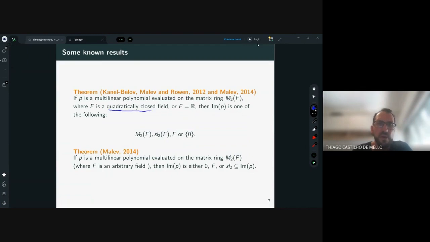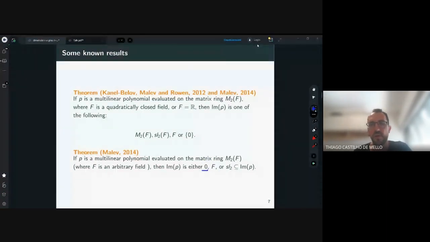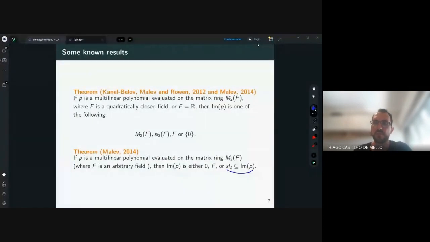It must be quadratically closed or the field of real numbers. For arbitrary fields, what they obtained is that the image is either 0 or F, I mean, it's a polynomial identity or a central polynomial, or otherwise they just proved that the image contains all trace zero matrices. But we still don't know if it's a vector space or not.